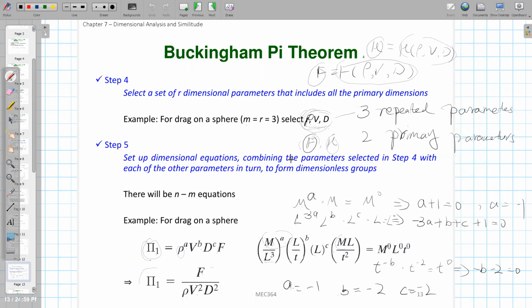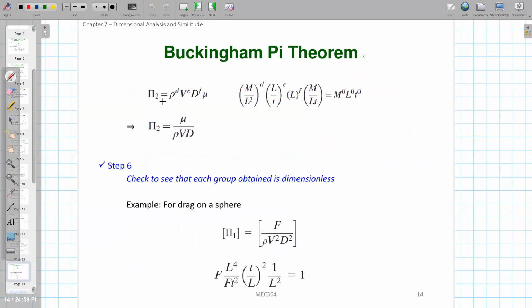And the second one, right? So remember that we find these dimensionless parameters by using these 3 repeated parameters and this 1 primary parameter, right? So you can find the pi 2 using these 3 repeated parameters and this mu as a primary parameter. Okay, so you can define this pi 2 will be rho to the power d times V to the power e times D to the power f times mu.